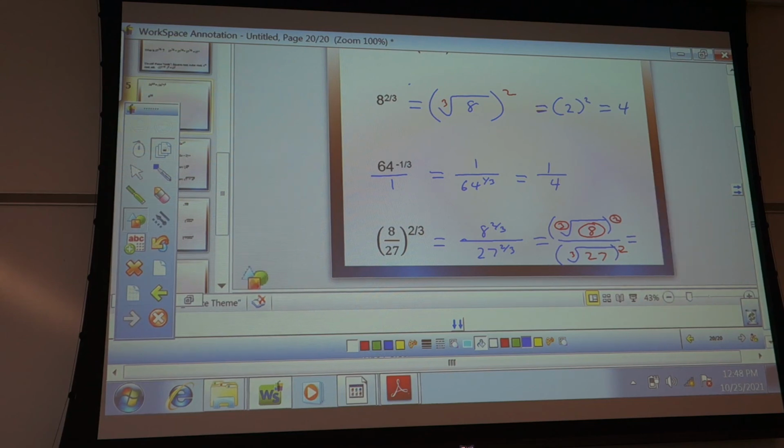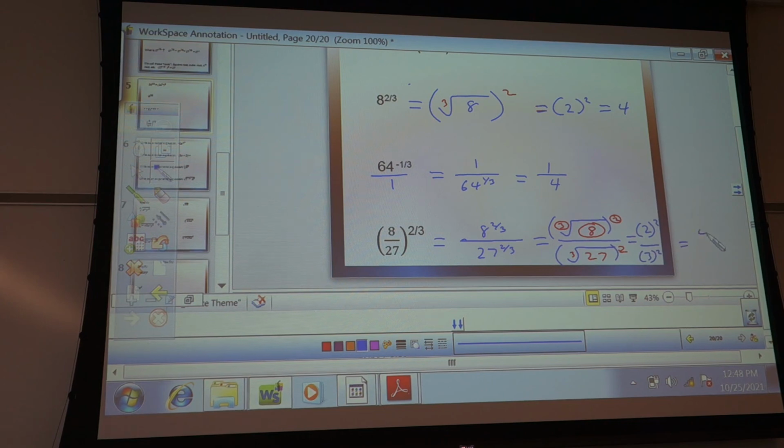Great. So it'll be 2 to the 2nd. What's the cube root of 27? 3. 3 squared. So 2 squared is what? 4. What's 3 squared? 9. Done.